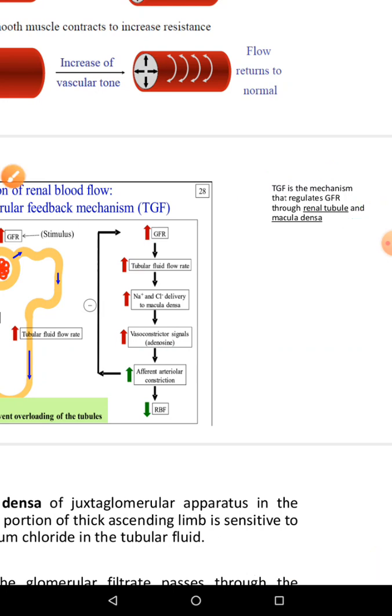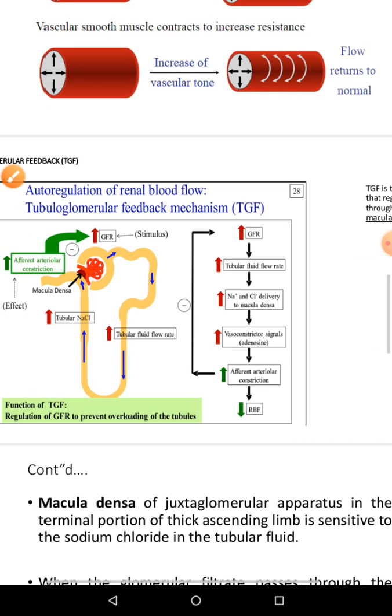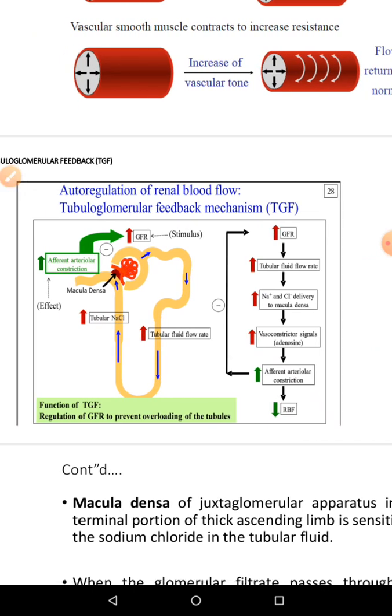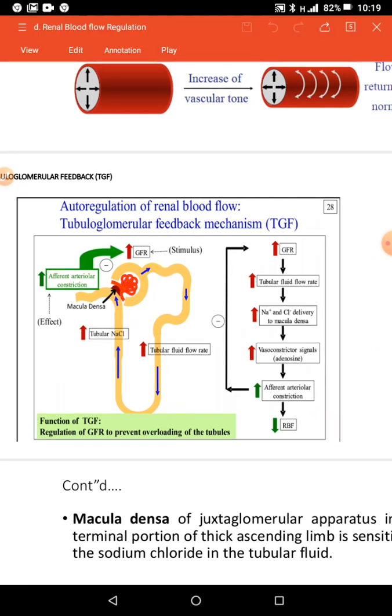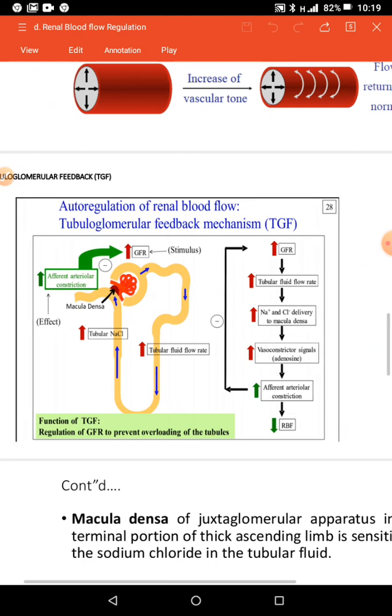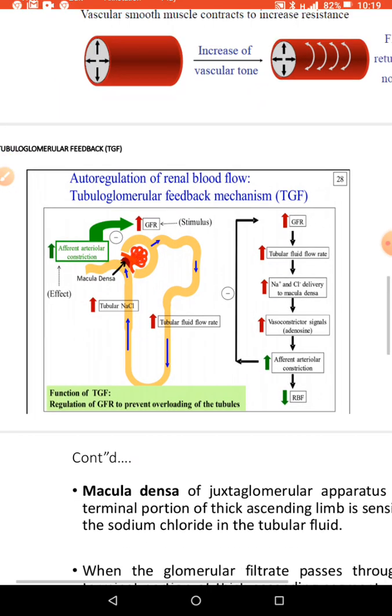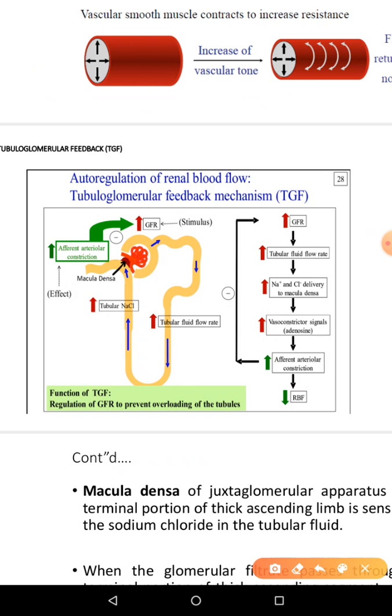So what happens with this mechanism? Remember, we are describing the autoregulation. So for example, somebody has high blood pressure. It means the rate at which the filtrate is formed increases.